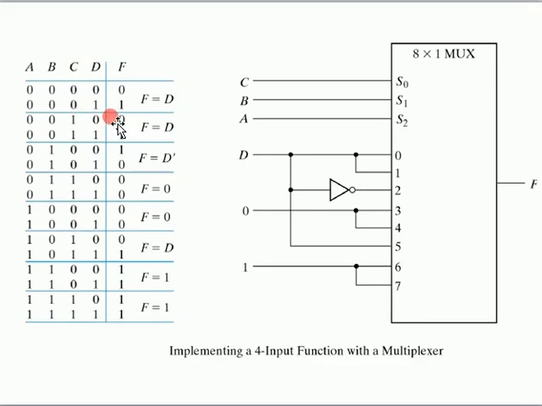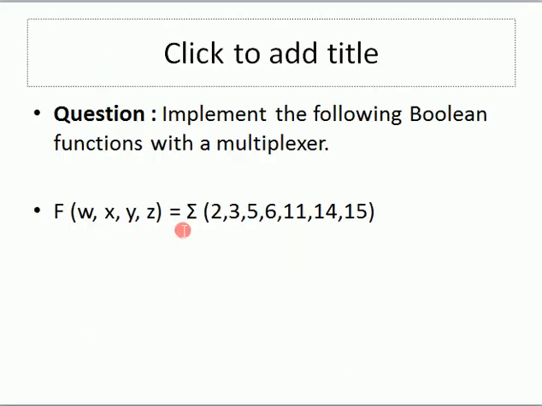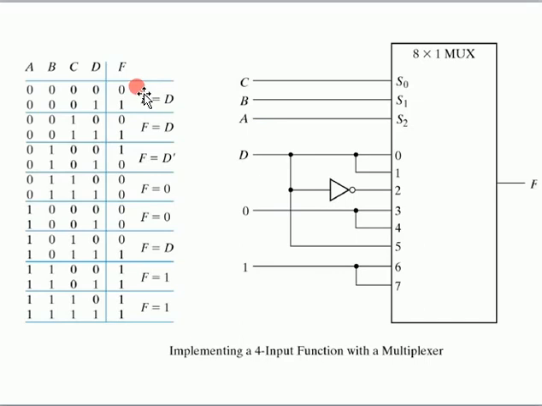So first of all we mark the minterms. Here m0 is equal to 0, m1 is equal to 1, m2 is 0, m3 is 1, m4 is 1, m5 to m10 are equal to 0, then counting 0, 1, 2, up to 15, from 11 to 15 is equal to 1.